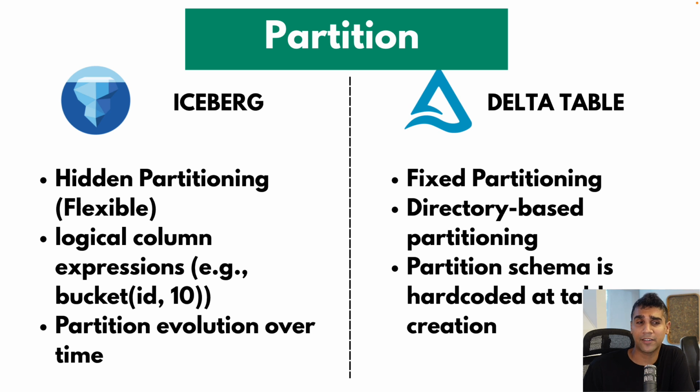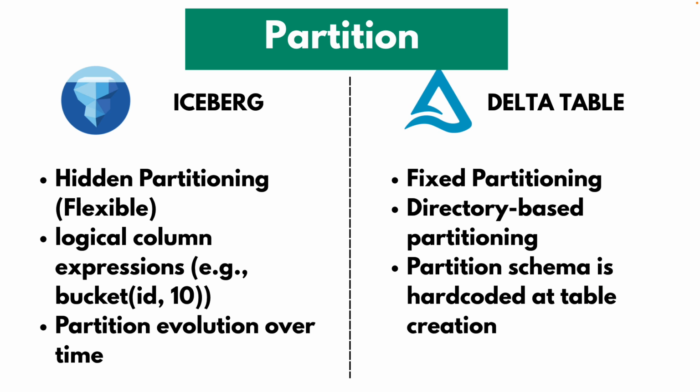You have to facilitate that directly, so it's basically directory based. For partitioning, Delta table implements it at creation time. So if you want to change that, you have to rewrite the whole thing again. Whereas in Iceberg, the partition can change over time. Technically, that's what the documentation says. Maybe we can explore how it eventually works out, right?